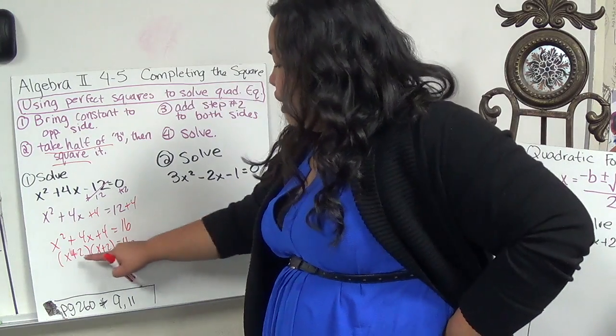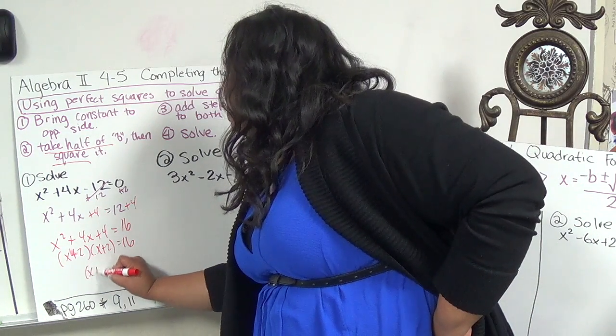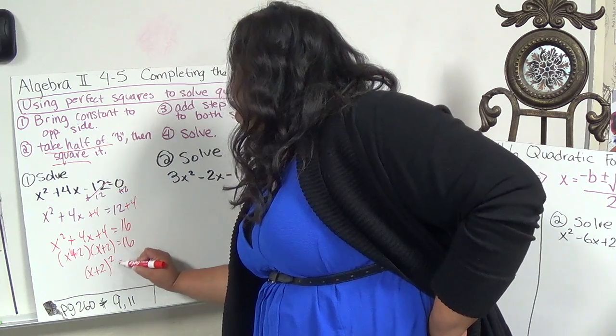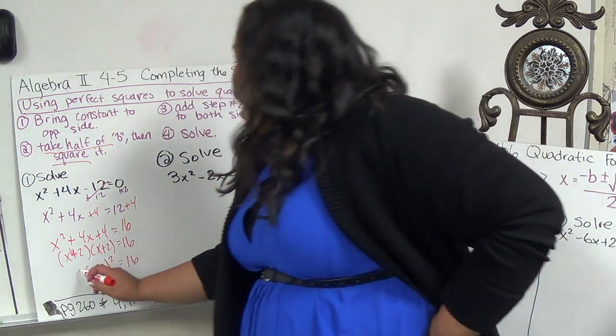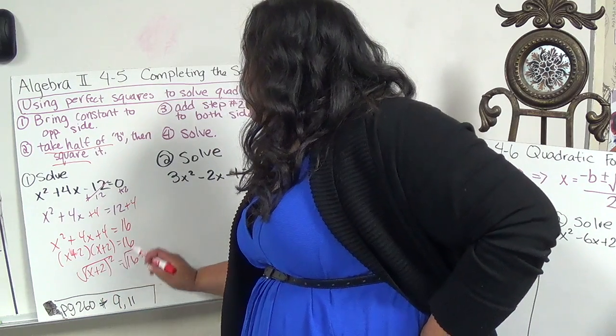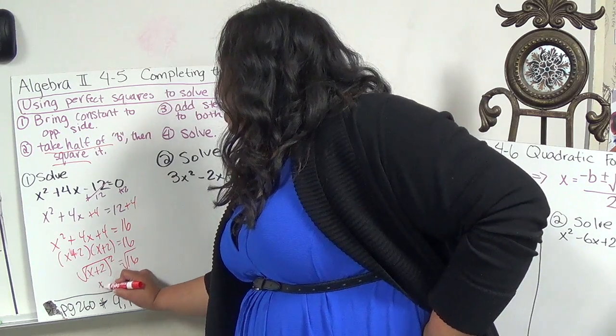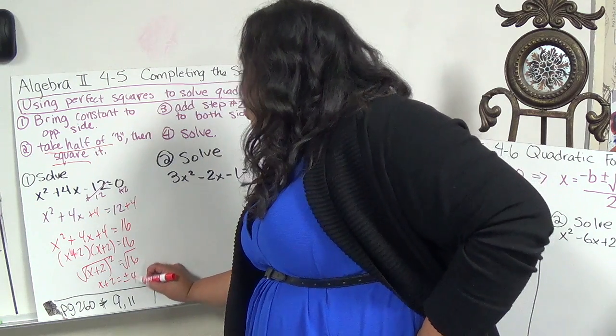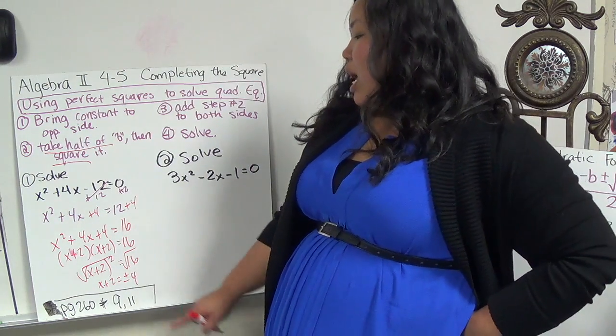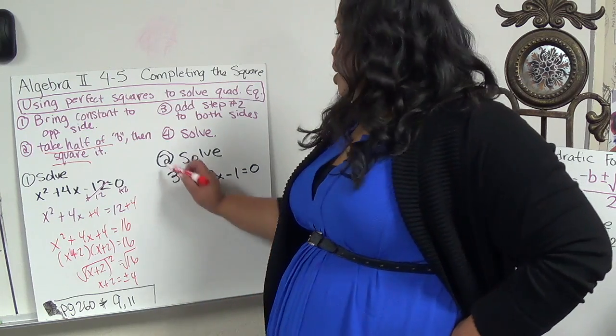Because these are exactly the same, this looks like x plus 2 squared equals 16. Why is this easier? Well, then I just square root both sides. And this gives me x plus 2 equals plus or minus 4, right? Because 4 times 4 is 16, and negative 4 times negative 4 is 16.